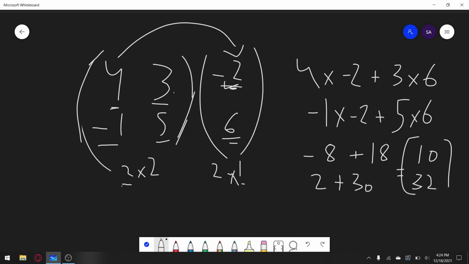That is our answer. Let's just check if it has 2 rows. It has 2 rows and 1 column, so that is the right answer. Let me quickly verify that. Okay, that is correct.